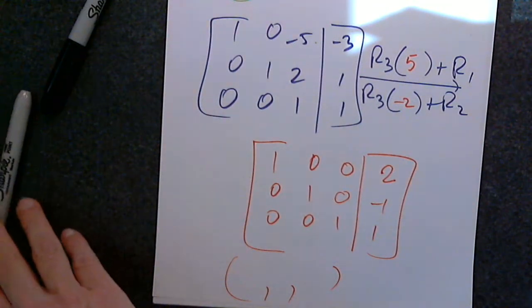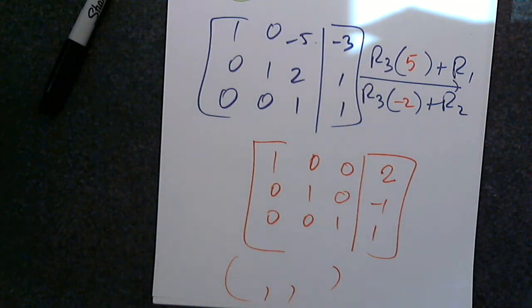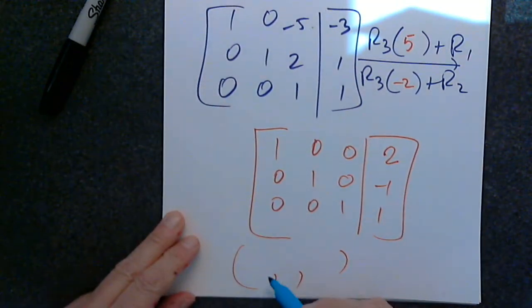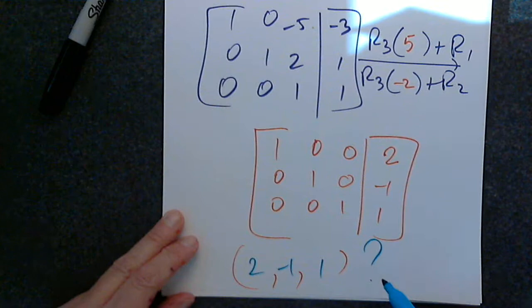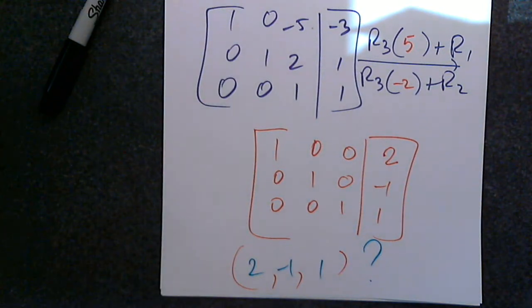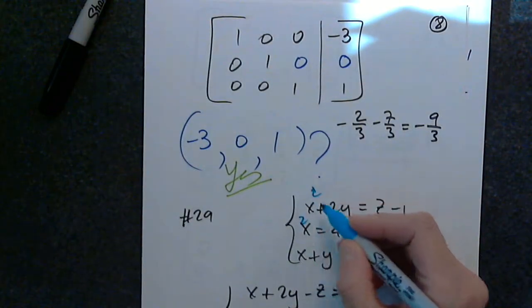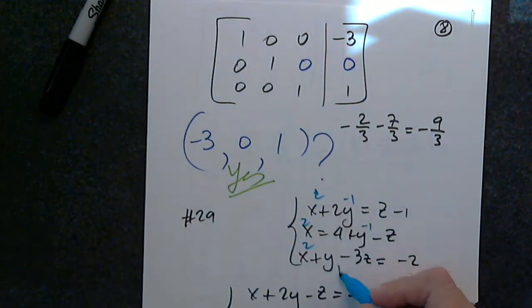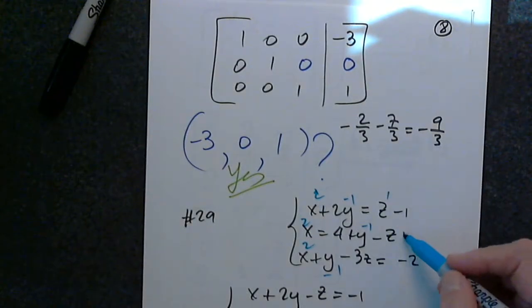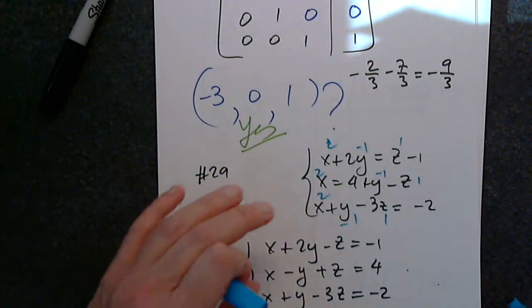So easy to make an error here. So what do you hope for? I hope for 2, negative 1, 1. Let's go back and see. I have no idea. 5 pages ago. Okay, here it is. 2, negative 1, 1.